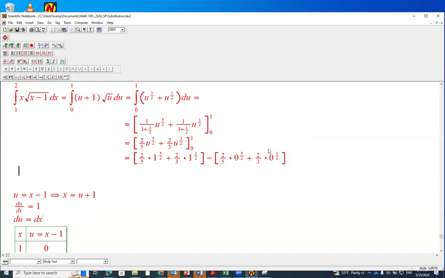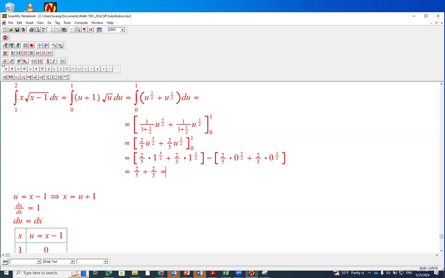Let's wrap it up. Equals to, this part is entirely 0, and the former part, this makes 1, this makes 1. So we end up with 2/5 plus 2/3.